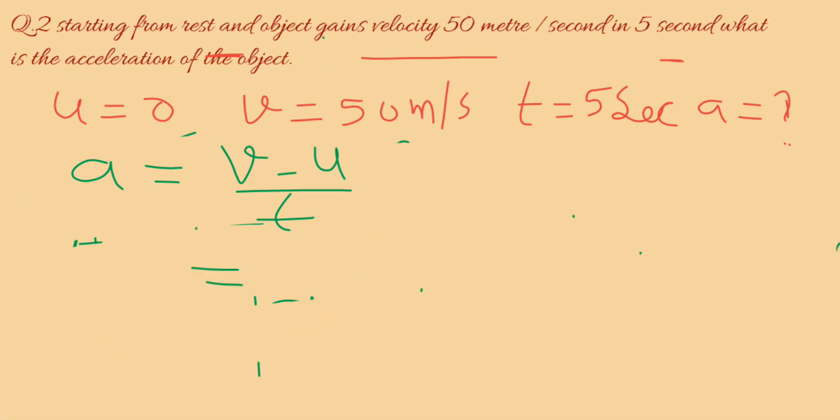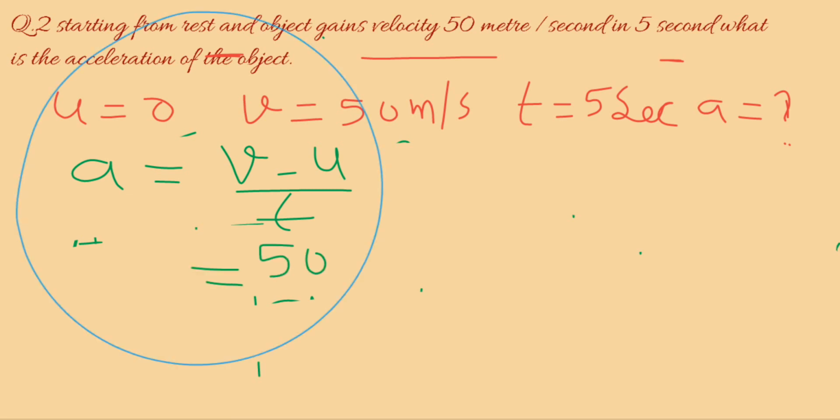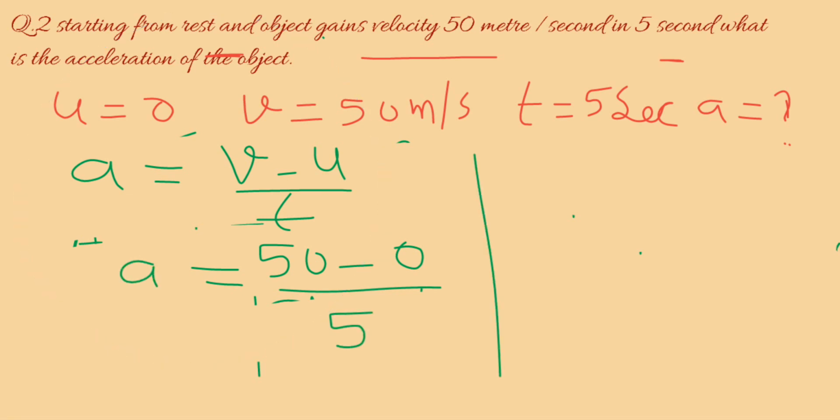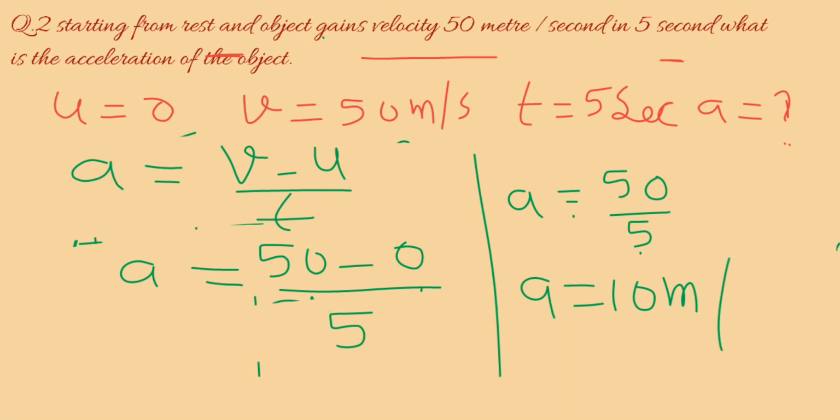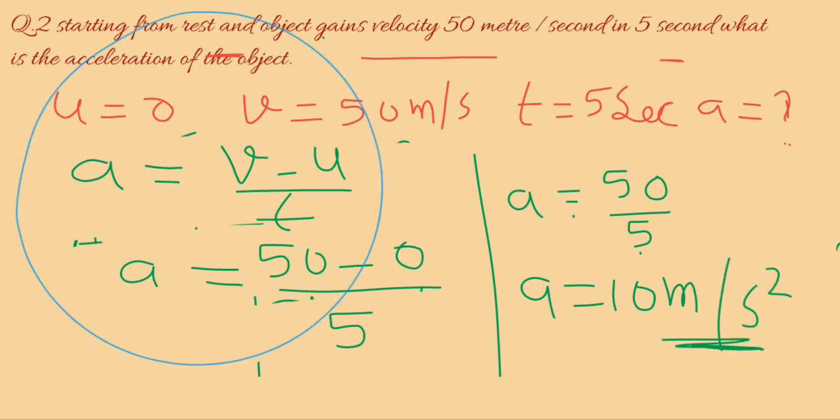Now what is V? The final velocity is 50, initial velocity is 0, time is given, 5 seconds, a is not given. How do we solve? a is equal to 50 divided by 5, that means a is equal to 10 meter per second square. We will place the unit of acceleration. Okay, now this is the answer.